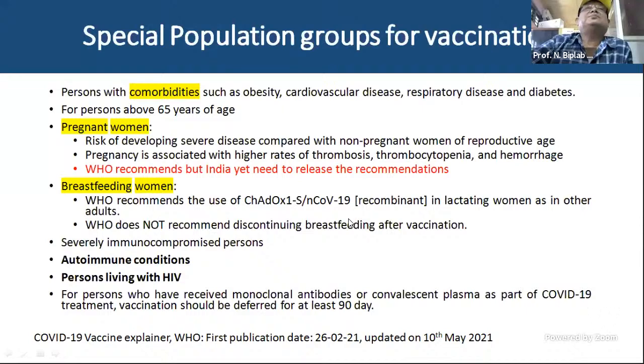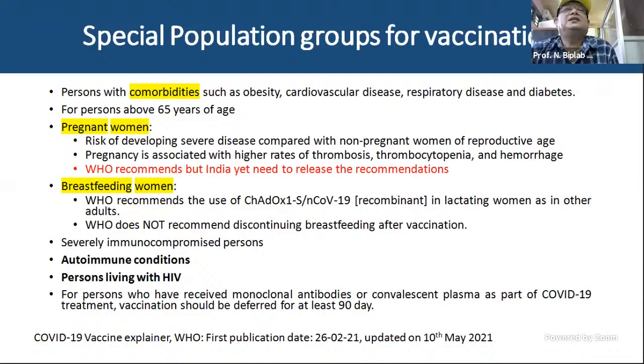Now, what about the special population groups for vaccination? Persons with comorbidities such as obesity, cardiovascular disease, respiratory disease, and diabetes, and persons above 65 years of age. Pregnant women have a higher risk of developing severe disease compared with non-pregnant women of reproductive age.